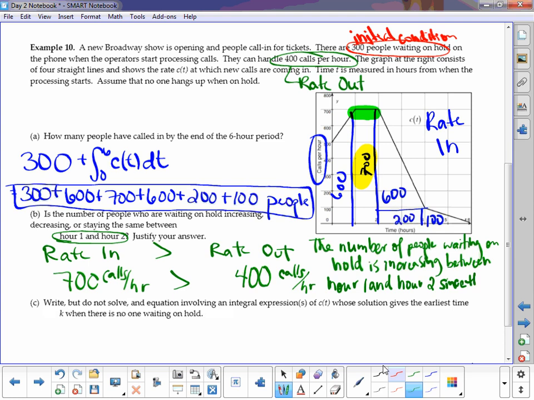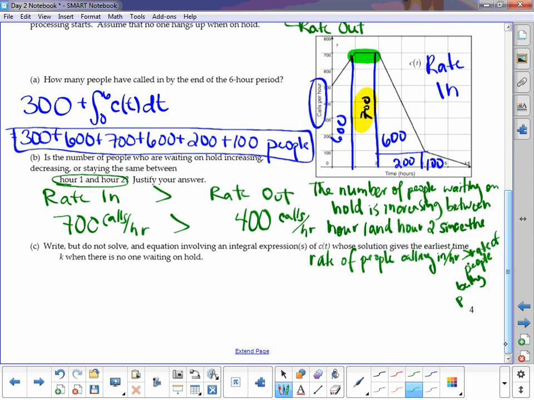Since the rate of people calling in per hour is bigger than the rate of people being processed per hour. There's, you have a little more.